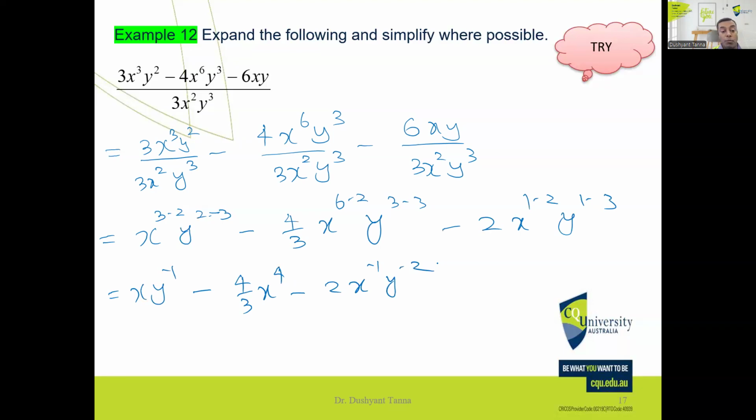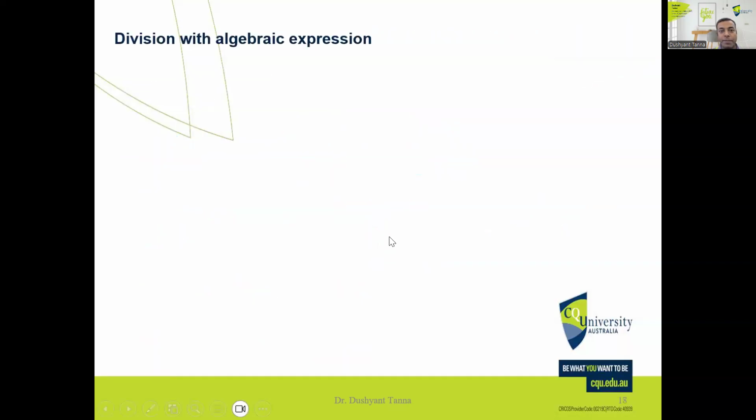What you can write is this as well. Yeah. Negative power in a fraction and determinant. Yep. Cool. Let's keep going.